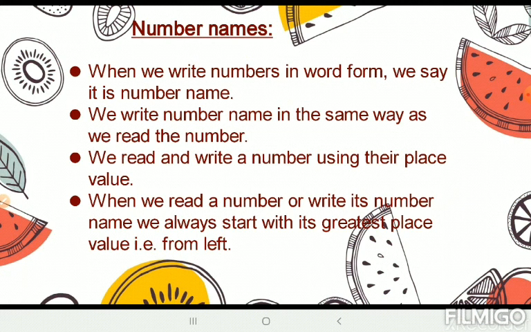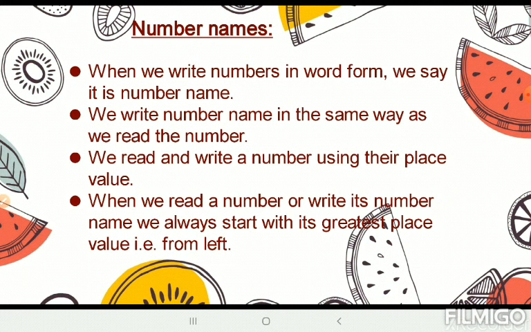You say, for example, 562. You always use the place value to either read it or write it. When we read a number or write its number name, we always start with its greatest place value, that is from left.